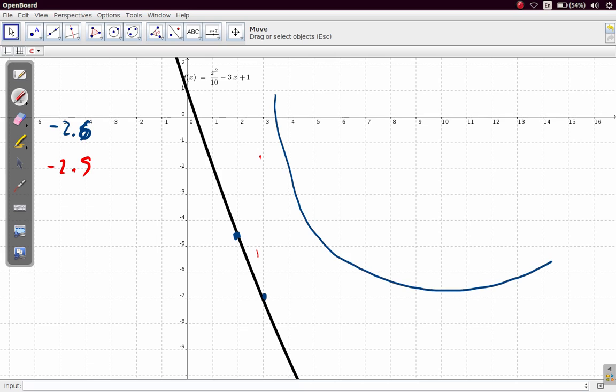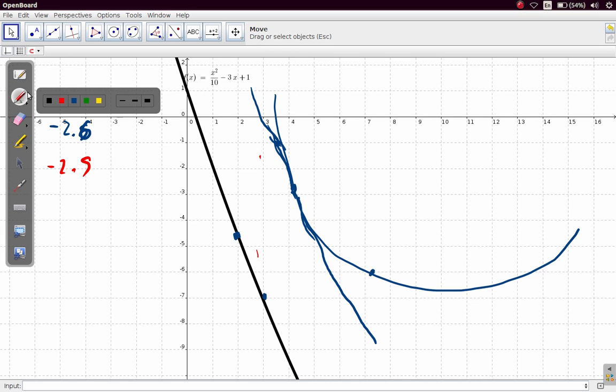If I exaggerate the graph, the line that we got from differentiation, I'm trying to make this line straight. Not very straight, but we're trying. It would be somewhat like this, right? But the line from comparing the two values, one here and the other here, would look more like this.